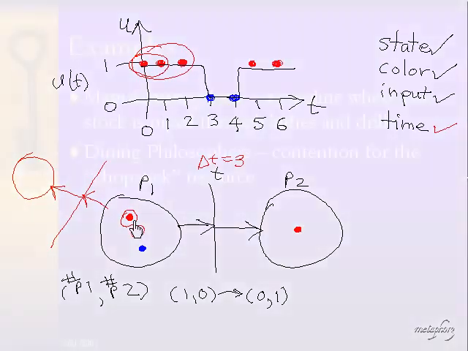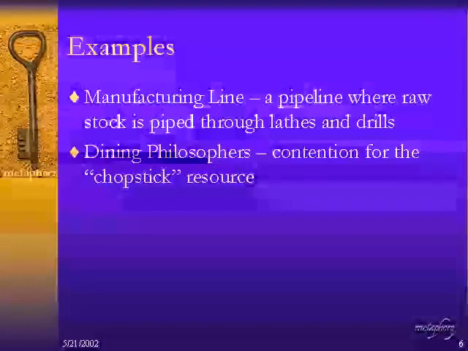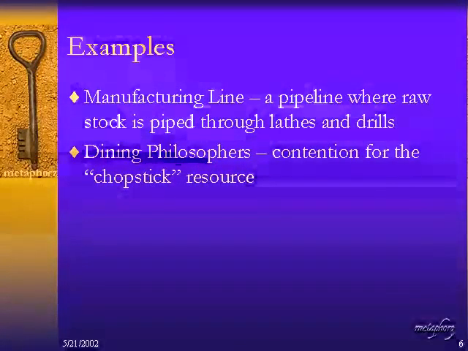As examples of Petri nets, we'll look at a manufacturing line, which represents a pipeline where raw stock is piped through on the left, through a lathe and a drill, and then finally put onto an automated guided vehicle which drops the finished part into storage.